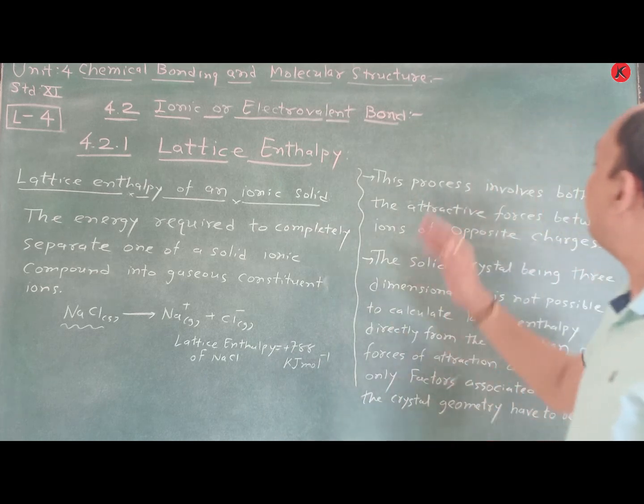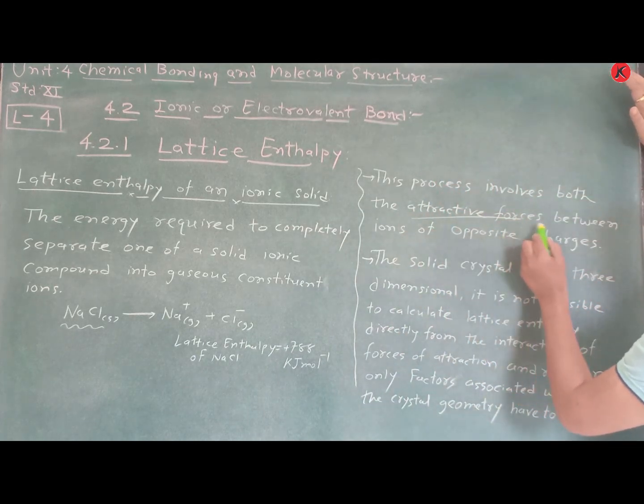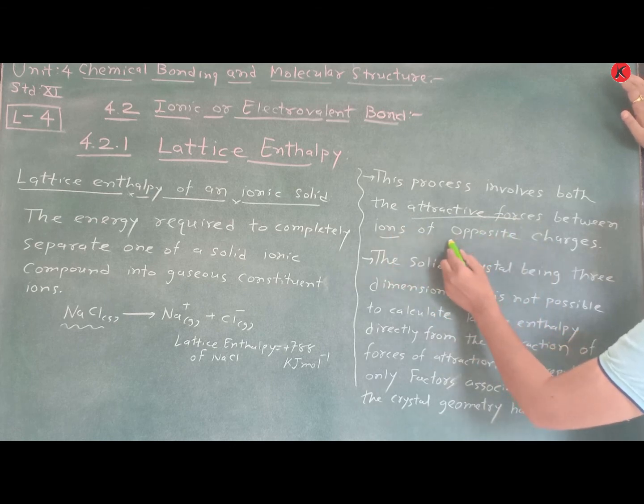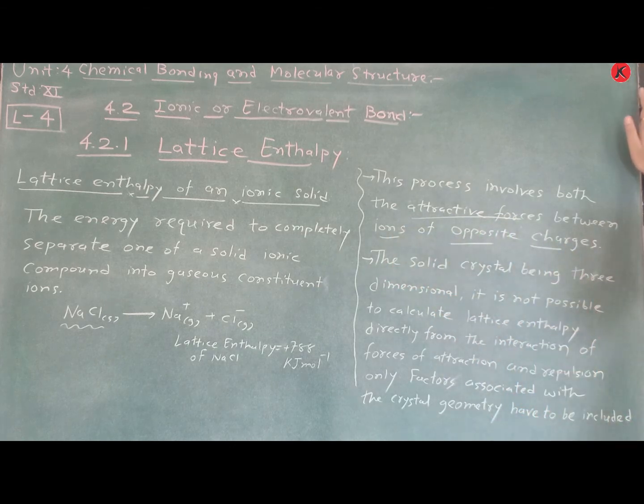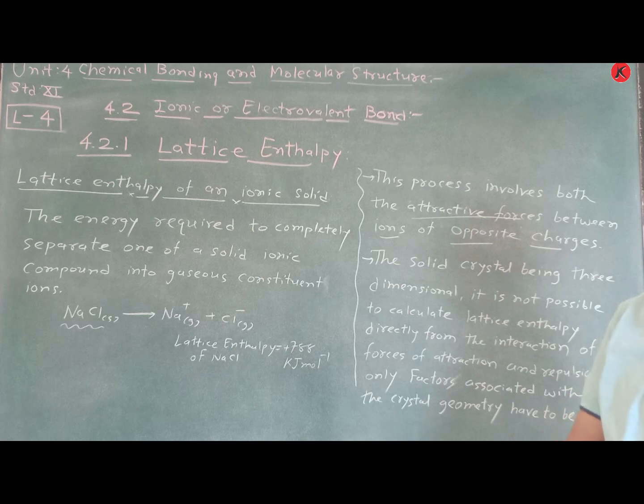So this process involves the attractive forces between ions of opposite charges, which I explained here: Na plus and Cl minus. Na possesses positive charge, that is the cation, and Cl minus is known as the anion.